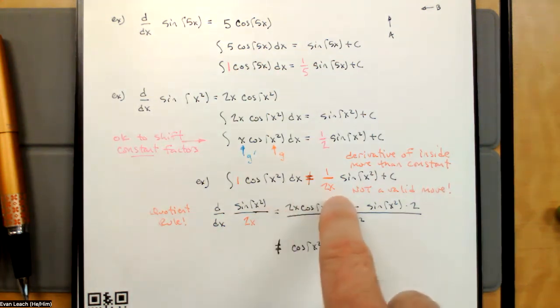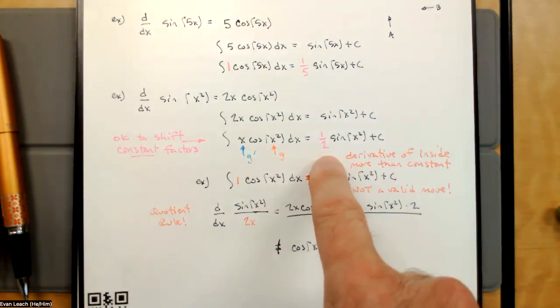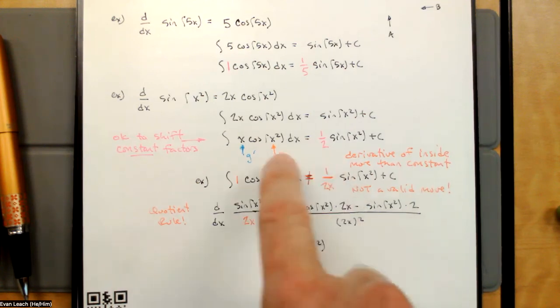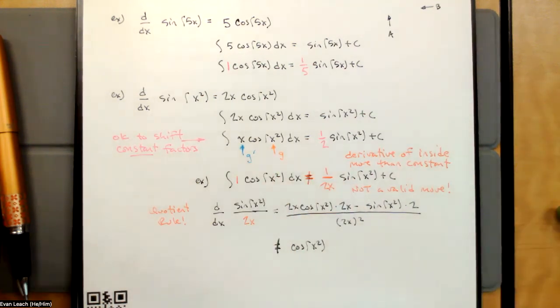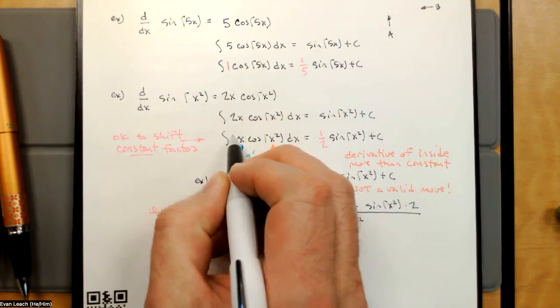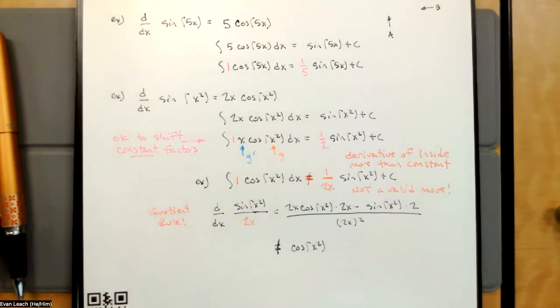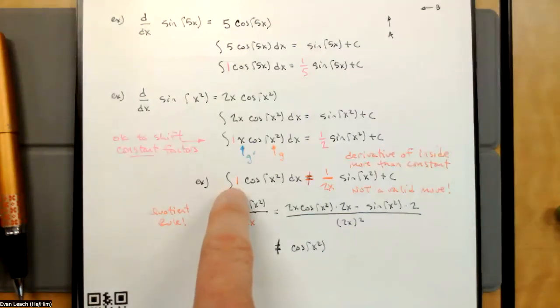So that's why I said this is not a valid move. Dividing by the 2 up here worked because all I needed to do was cancel out a 2 to make this a 1x instead of a 2x. I can trade my 2x for a 1x just by multiplying by a half. I can't trade my 2x for a 1 by dividing by the 2x.